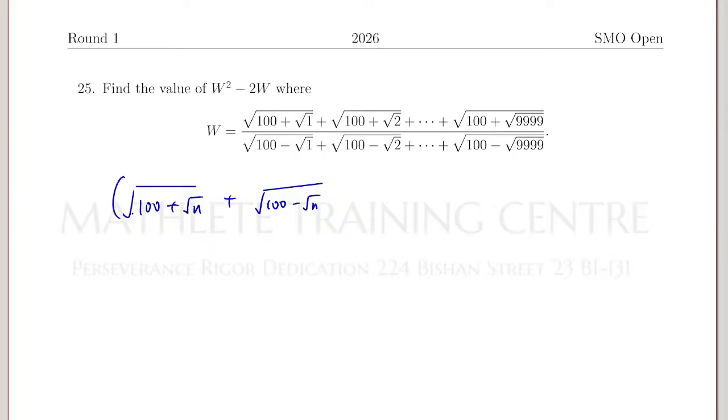What happens if you square such a term? You get a squared plus b squared plus 2ab. And the 2ab term turns out to be this times this, which is 10,000 minus n.